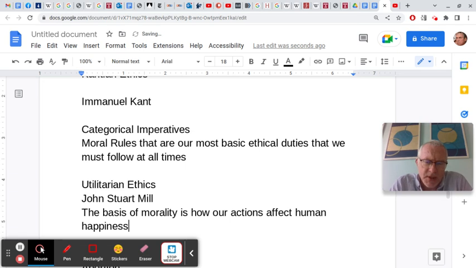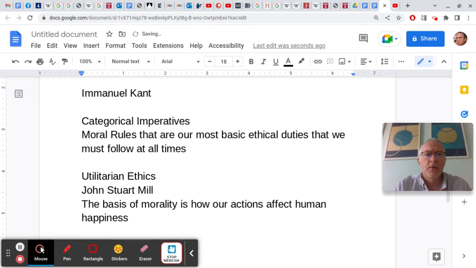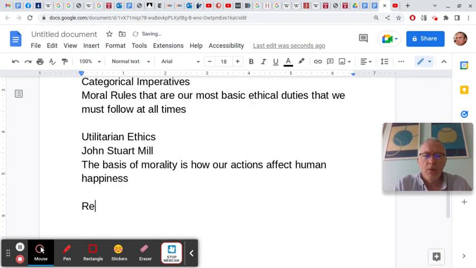That actions are to be judged morally, not like, say, Kant, in terms of whether or not they conform to certain rules, but actions should be judged wholly in terms of their results or consequences. That's why it's a form of consequentialism. And that the results that matter are the effects on human welfare or human happiness.